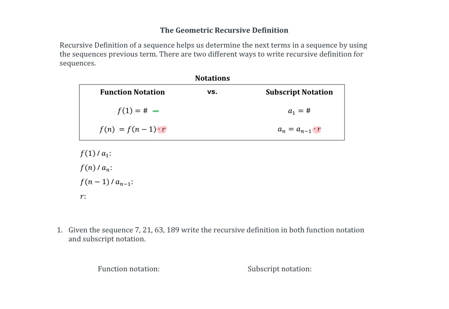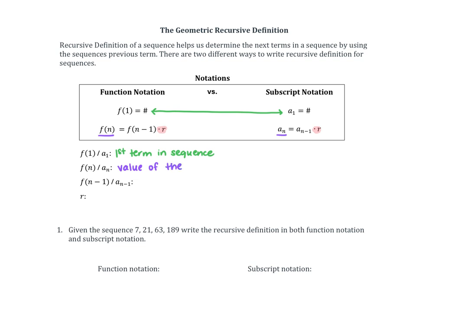So F1 and A1, these two things are standing for the same thing, and that just stands for the first term in my sequence. Now, the Fn or the An just stands for the value of the term we're looking for.